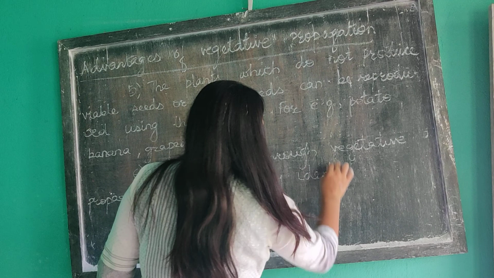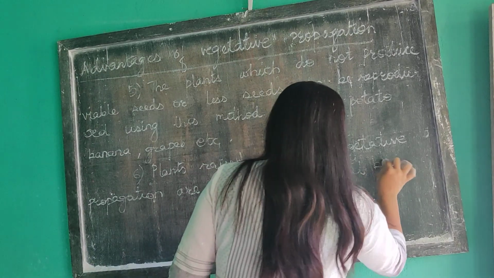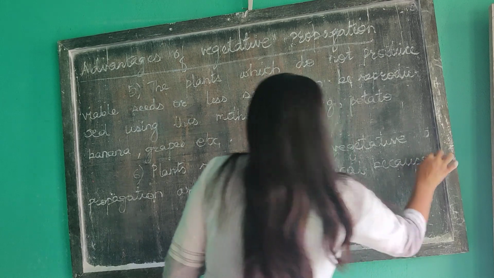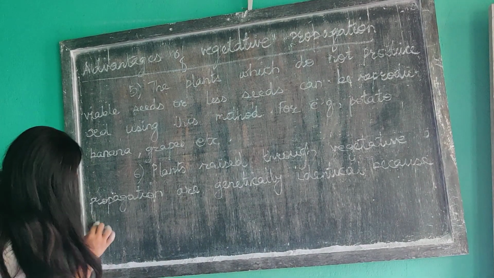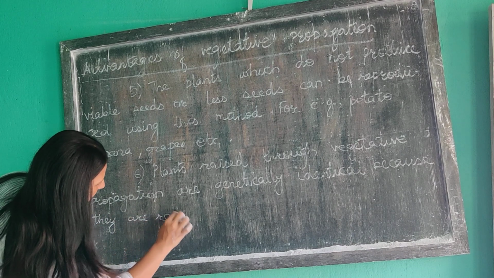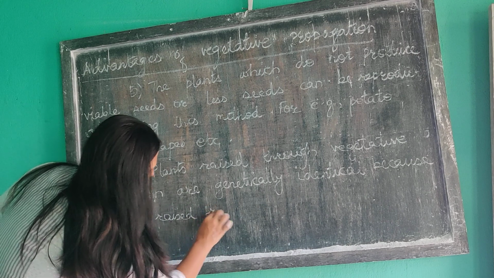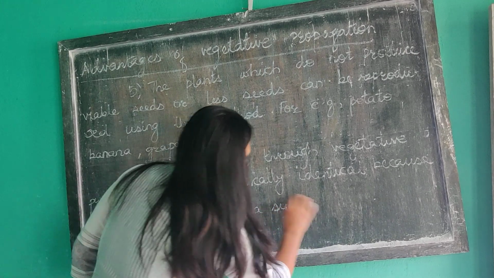Why they are genetically identical? Because they are raised from a single parent. एउटै पेरेन्टबाट निकालेको हुन्छ नि त, दुईटाको भेरिएसन आउँछ. Okay, because they are raised from a single parent. So these are the advantages of vegetative propagation.